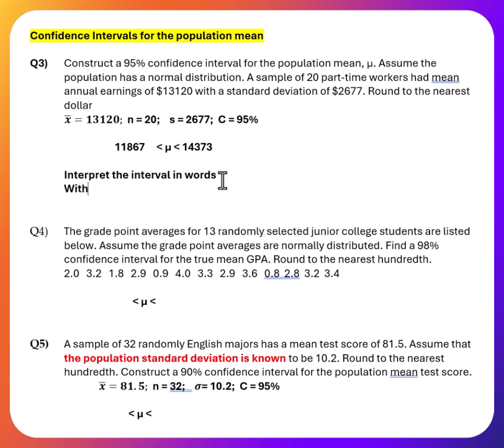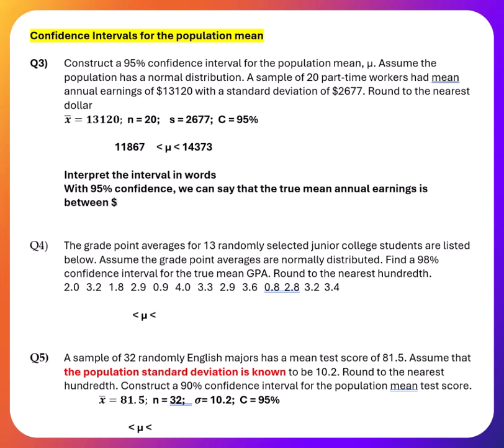You say, with 95% confidence, we can say that the true mean annual earnings for part-time workers, if you like, is between 11,867 and $14,373.